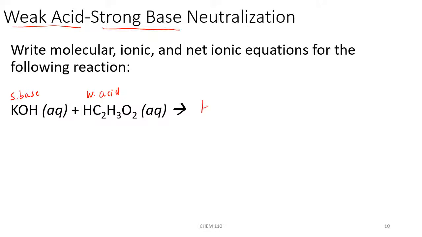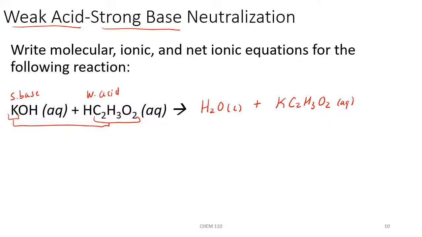So we're going to form water, or H2O, and our salt is going to come from the potassium cation pairing up with our anion, which happens to be a polyatomic ion, acetate. KC2H3O2 would be our chemical formula for potassium acetate, and that would be soluble according to our solubility rules, so we would put aqueous after it.